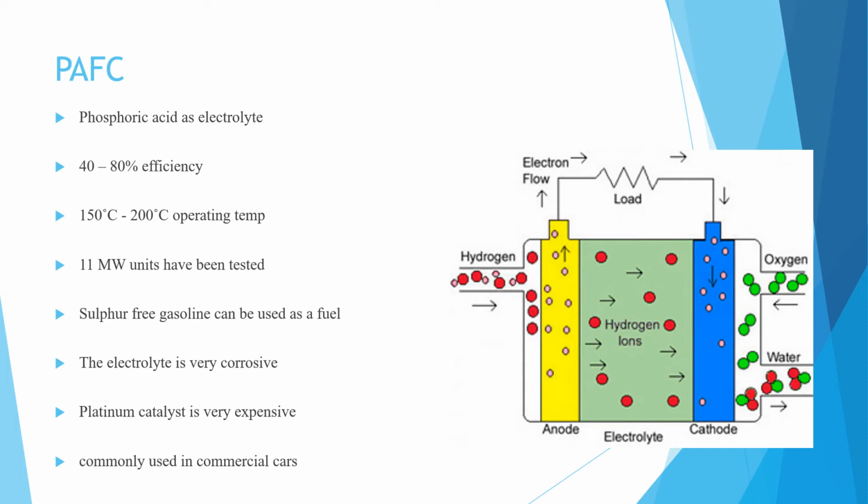The PAFCs, or phosphoric acid fuel cells, tolerate a carbon monoxide concentration of about 1.5%, which broadens the choice of fuel they can use.